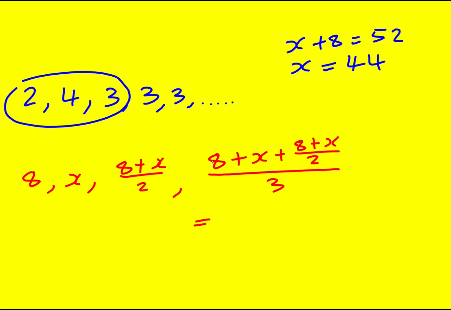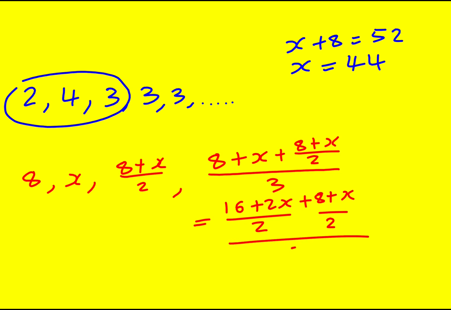So I can write this as (16 + 2x + 8 + x)/2 over 3. Maybe I went too fast here. Let's put it over a common denominator of 2. 8 + x is the same as (16 + 2x)/2, and then I'm going to divide by 3.